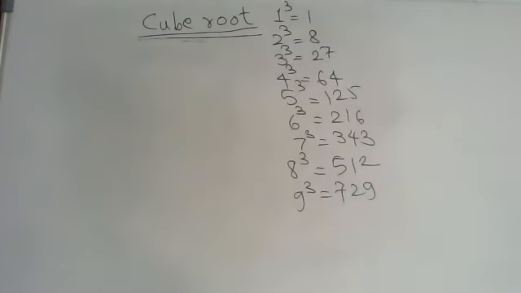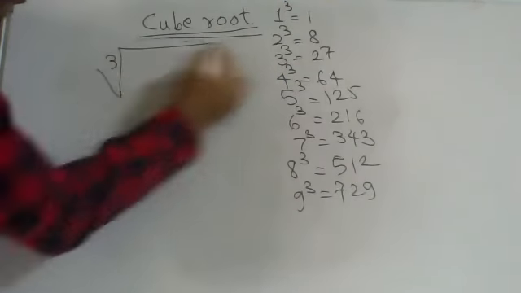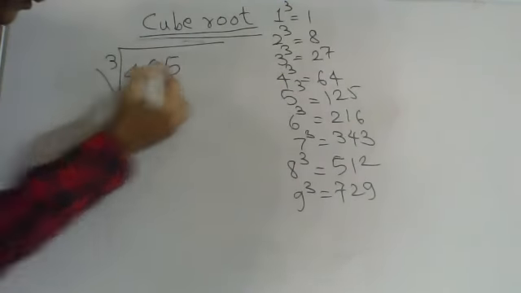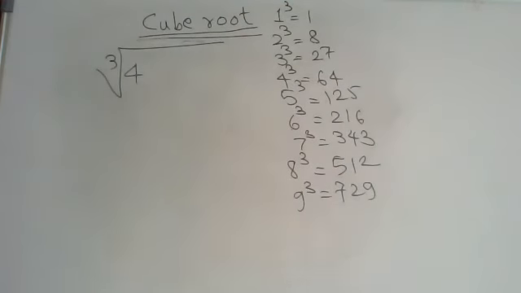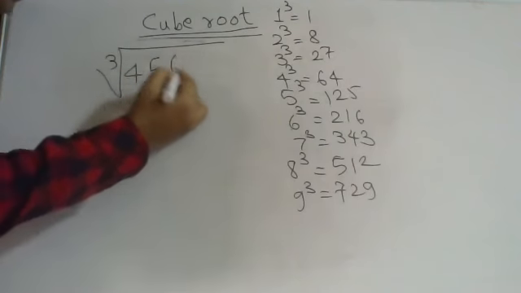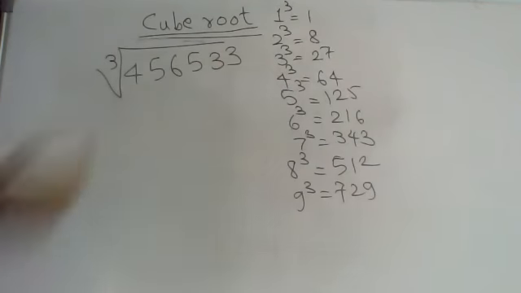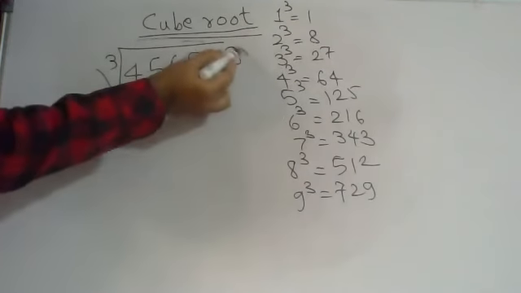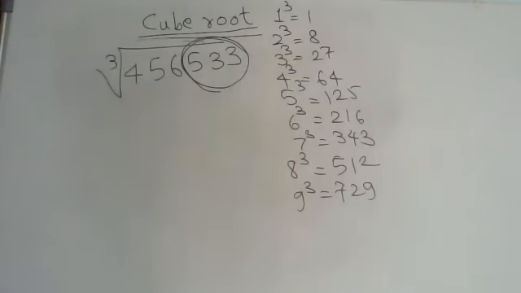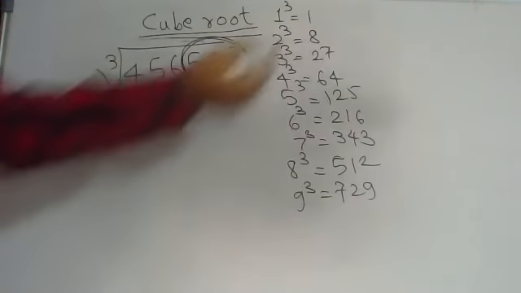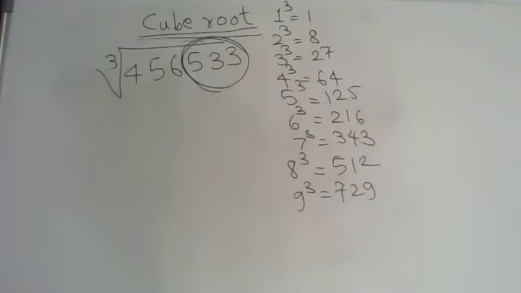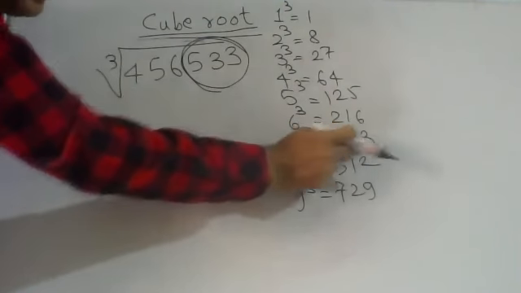Cube root of 456533. Don't think about these three numbers. 456 is near to which cube? 7 cube, 343.